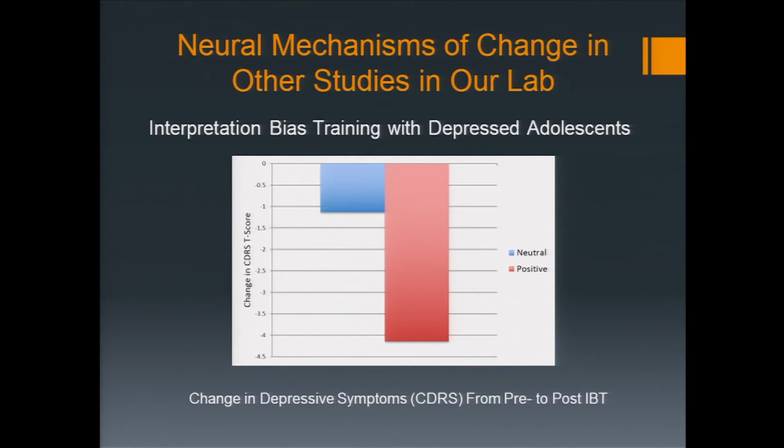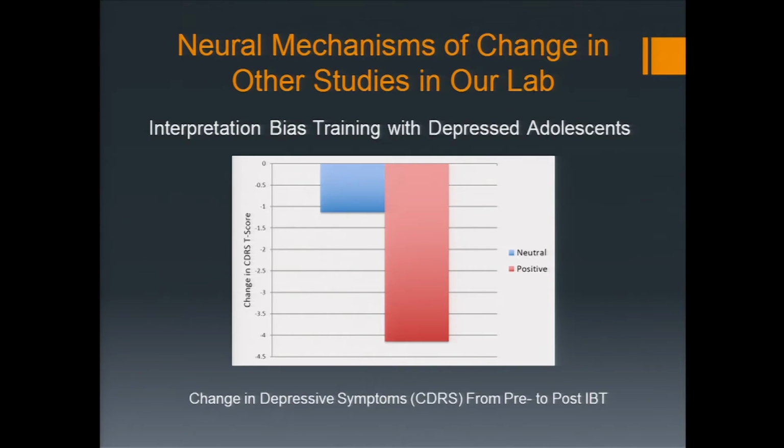So I'm going to show you 2 studies in which we're doing similar things, looking at neural changes as a function of cognitive training. And then I want to show you some data where we're actually targeting the neural mechanisms themselves. So let me just go through these 2 quickly. We're conducting a study of interpretation bias training. We're changing interpretation biases in currently depressed adolescents.